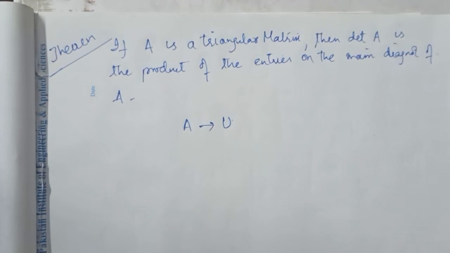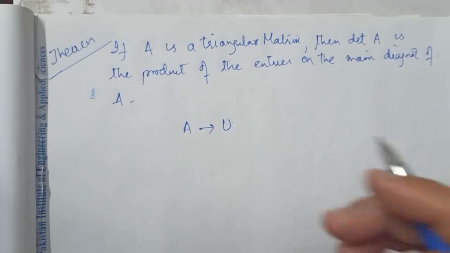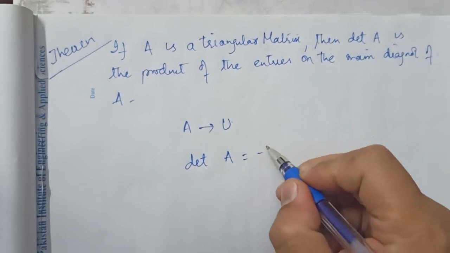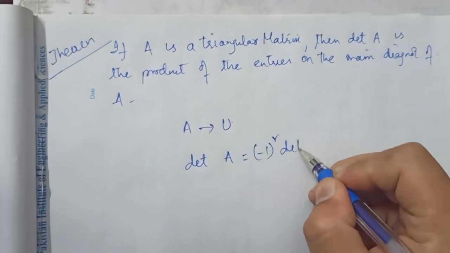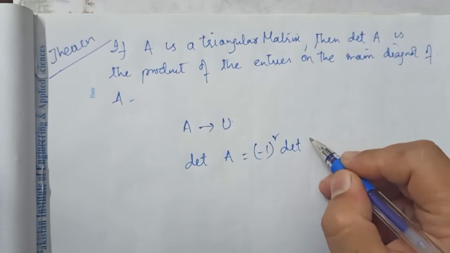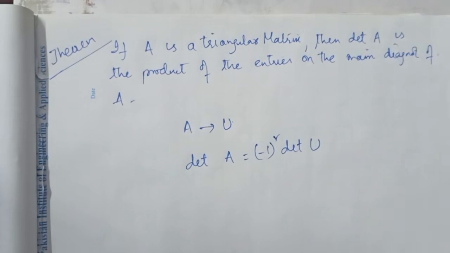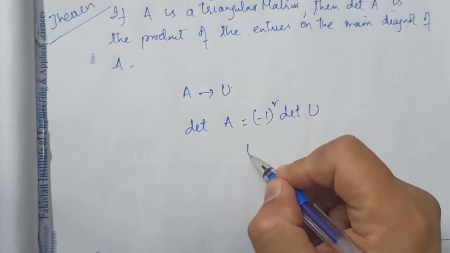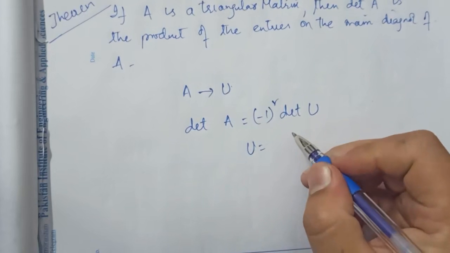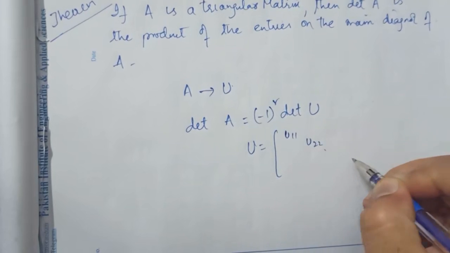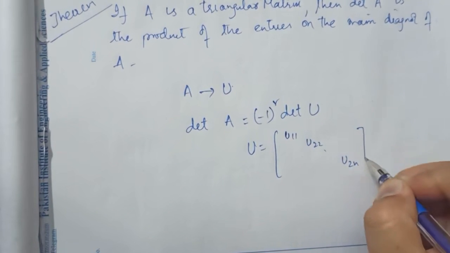If there are, let's say, r row interchanges, then we can say that the determinant of A can be written as minus 1 to the power r times the determinant of U. Now since U is in echelon form, it is triangular, right? And so the determinant of U is nothing but the product of the diagonal entries of the matrix U, which is u11, u22, up to unn, right?